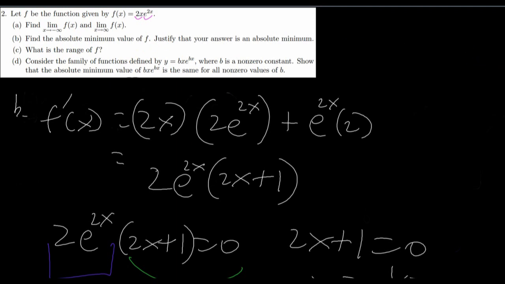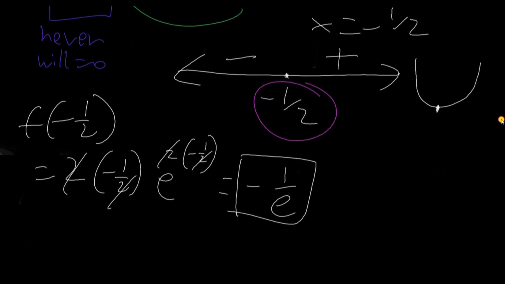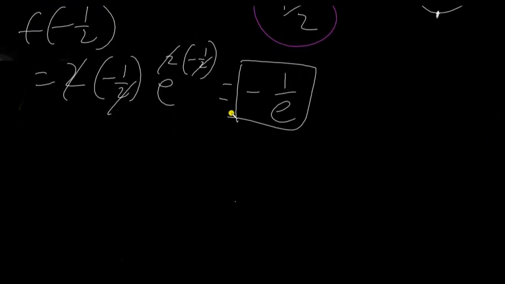I'm not going to write it out because it's going to take a while, but what you'd say is: negative 1/e is the absolute minimum of f of x, because f prime of x is less than 0 for x less than negative 1/2, and f prime of x is greater than 0 for x greater than negative 1/2. Therefore, f of negative 1/2, or negative 1/e, is the absolute minimum. Something along those lines would have been correct. Okay, now I'll just erase all this stuff and look at the next part.